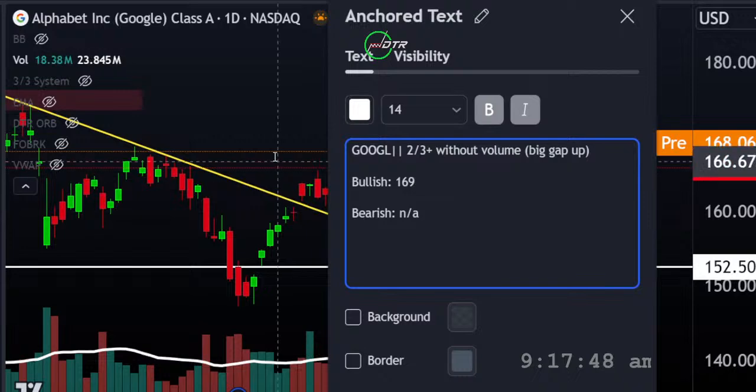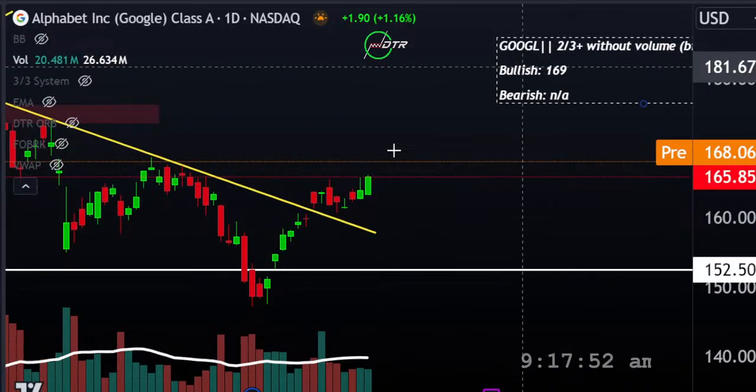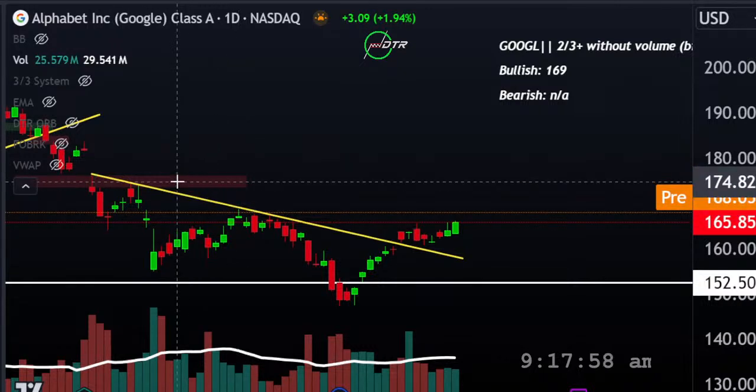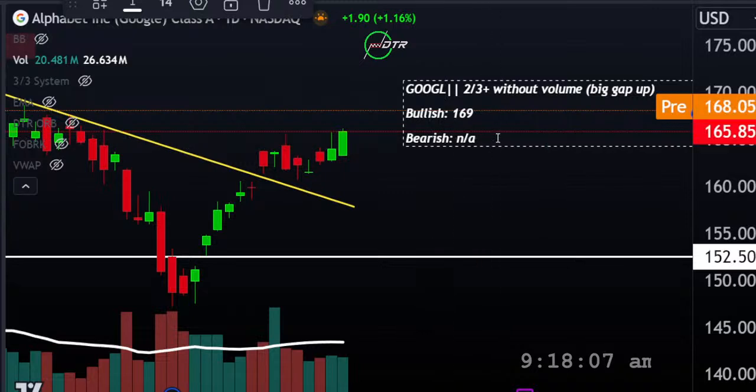Which is essentially just the next point of contact on this trend line. So if we're playing a trend line breakout here on Google, next point of contact is approximately 169, going up towards like 175-ish. So that would be the starting point for any narrative this morning. And then to the downside, this would be like a Bollinger Band reversal type setup. Basically just some sort of excuse to fill that gap back down towards yesterday's highs.